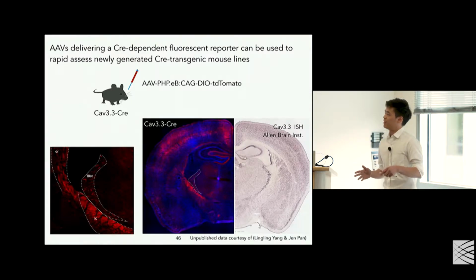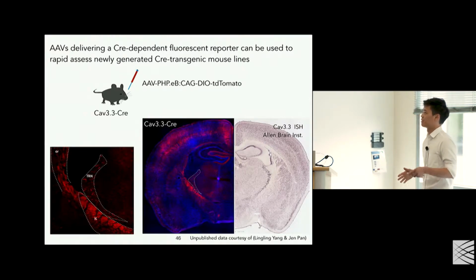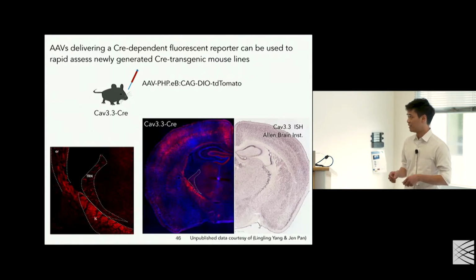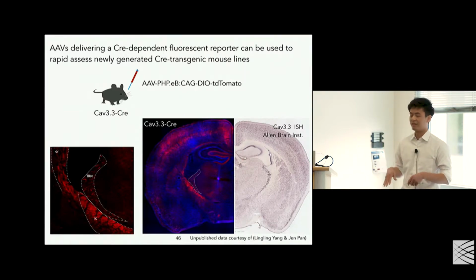This experiment took about a few weeks with the use of an AAV. Without it, if you wanted to report the Cre activity in your transgenic mouse line, you would need to cross it to a mouse reporter line, and this would take about a few months. The other advantage of using AAVs to read out the Cre activity of your transgenic line is that it detects whether Cre is actually active during the time of the experiment.